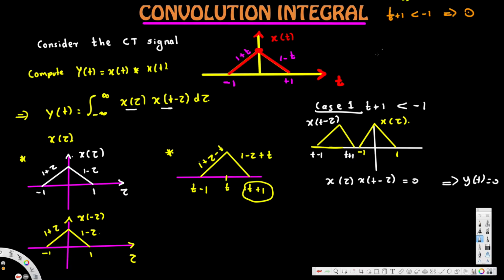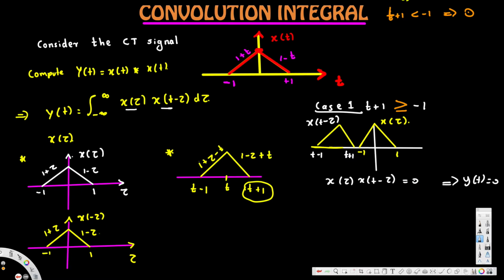Now let's look at case 2. Case 2 is going to be when t plus 1 is greater than or equal to -1, so instead of less than -1, greater than or equal to -1. If it's greater than or equal to -1, then this is going to be somewhere here.